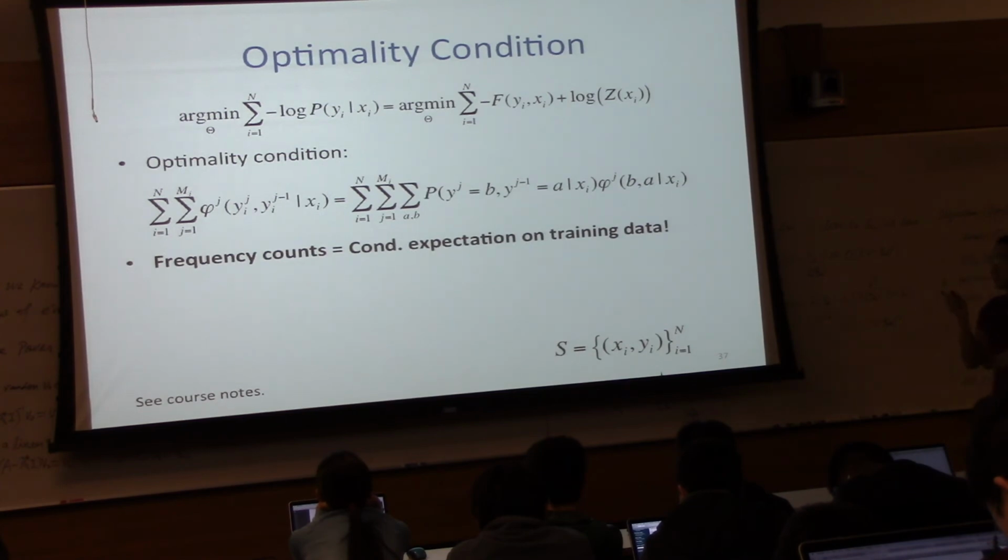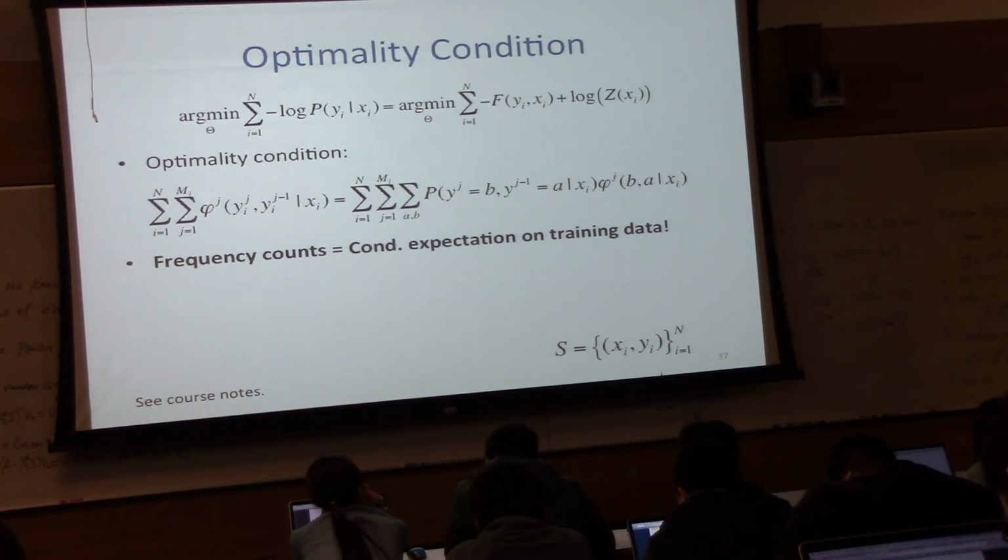All it implies is that the empirical frequency counts in your training set of these features are equal to the conditional expectation of these features according to our model. This is a necessary implication of finding the optimal solution, assuming we're not doing regularization.